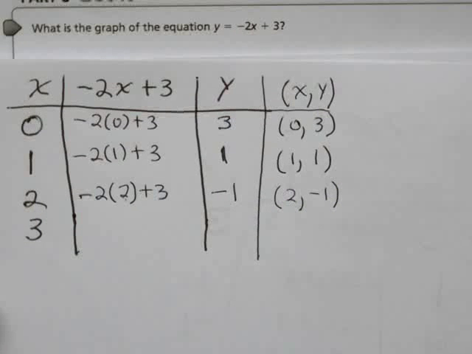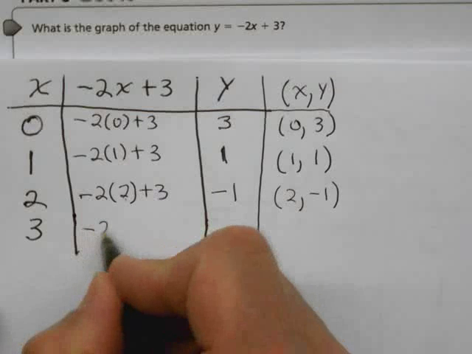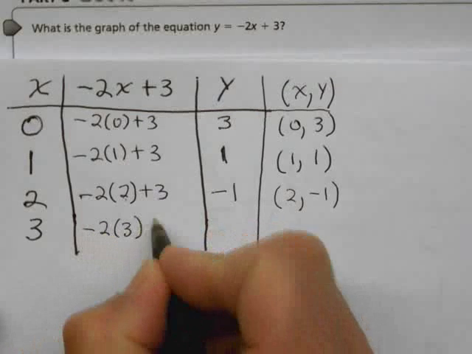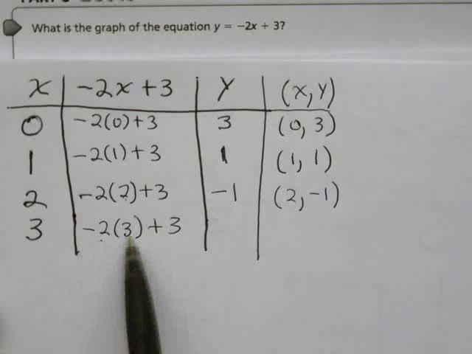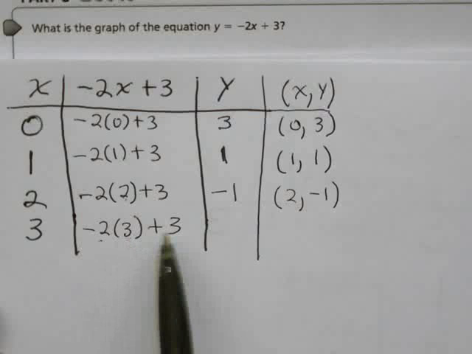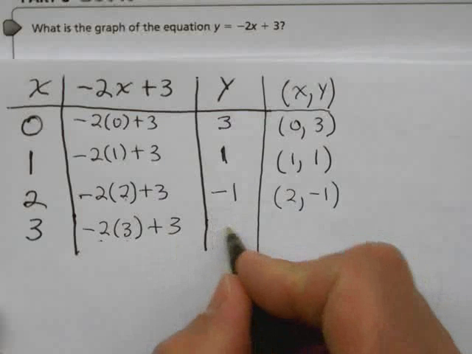And I'm going to get one more ordered pair here. Let's substitute in 3. Negative 2 multiplied by 3 plus 3. Negative 2 multiplied by 3 would be negative 6, and negative 6 plus 3 would be negative 3.